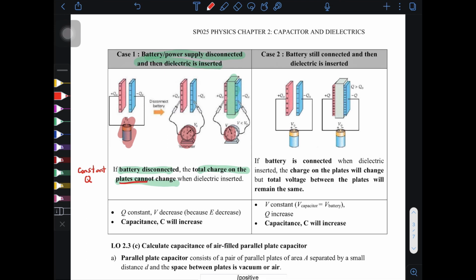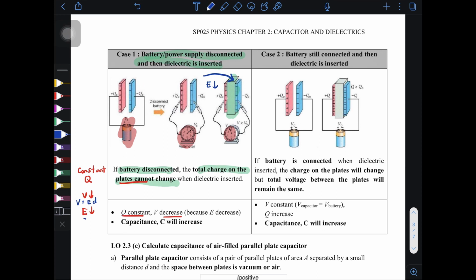So we know kita akan ada constant Q, sebab dia kata charge tak berubah. Bila constant Q, V akan berkurang. Q constant, V decrease because E is decrease. Macam mana E decrease? Sebab kita tahu formula V is equals to ED. Sebab bila kita masukkan dielectric dalam kapasitor, automatic E akan berkurang.